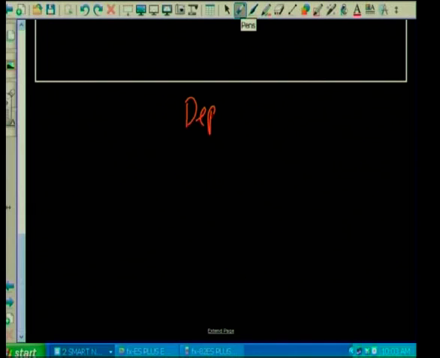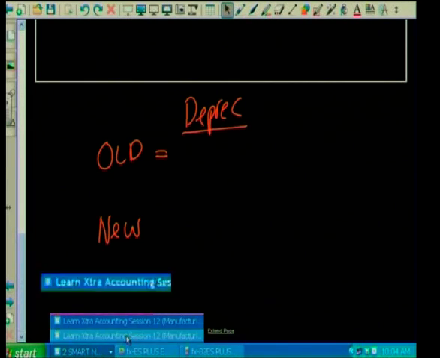So let's go back to our answer sheet and let me just extend the page. Okay, my depreciation. I obviously have old factory equipment as well as new factory equipment that was purchased. Let's start with the calculation for my old factory equipment. So again, guys, I'm going back to the info.